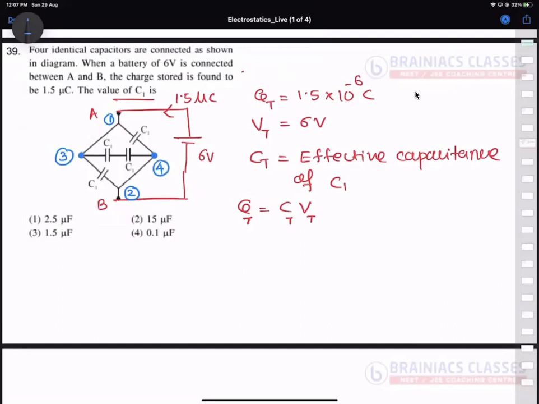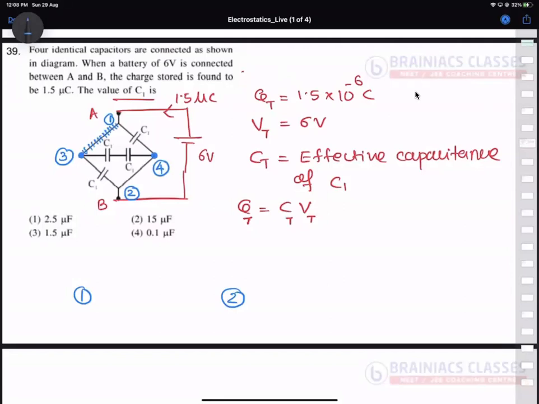Now I want to find the effective capacitance between terminals 1 and 2. Then we will analyze the circuit. If you look at the circuit, you can see, along these dashed lines, that 1 and 3 are short circuited.